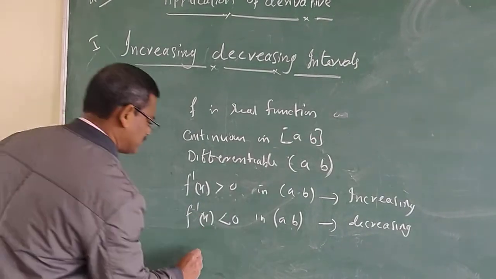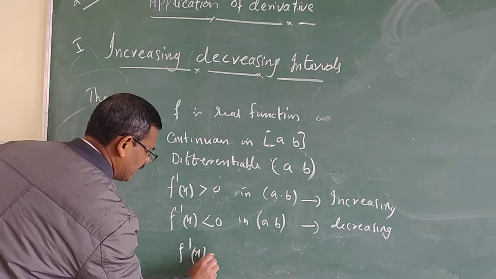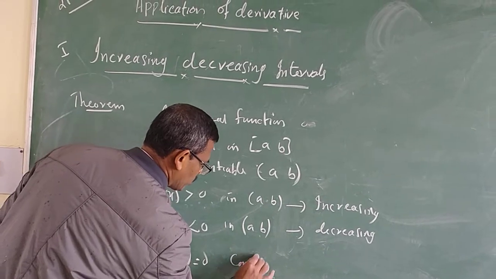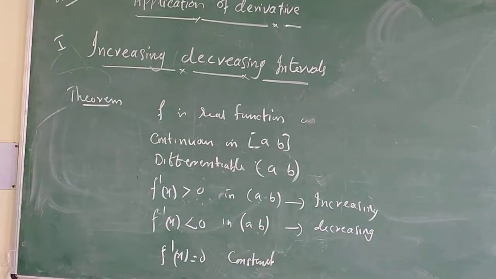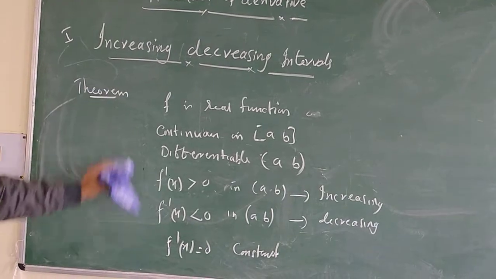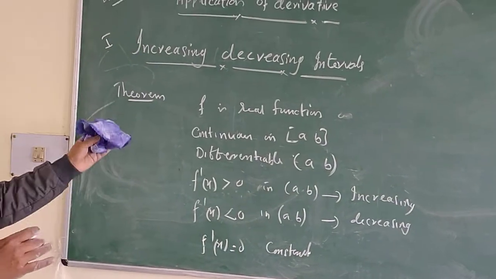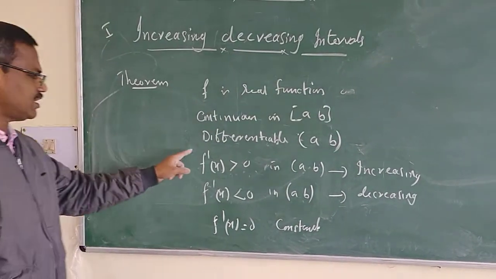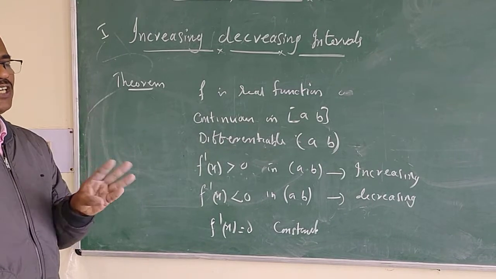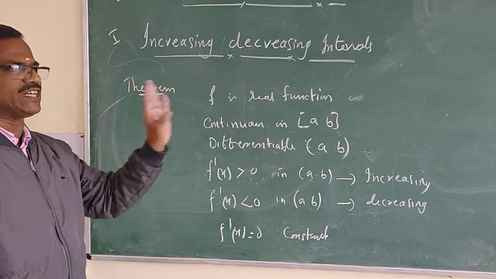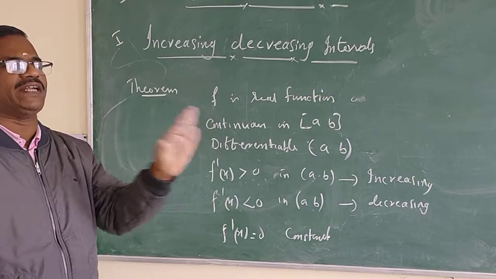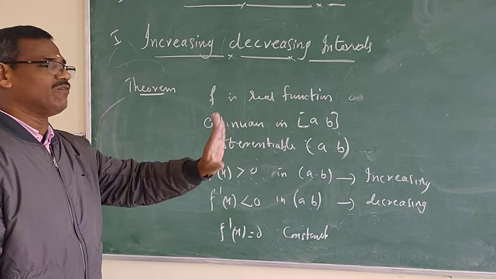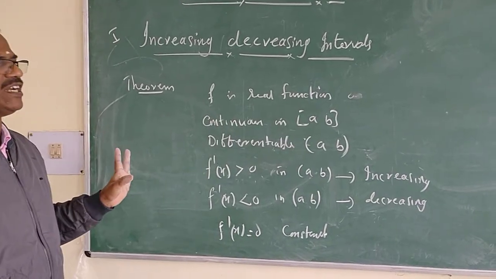And sometimes f dash x will be equal to 0 if the function is a constant, since the derivative of a constant is 0. This is the definition, but there is a working rule by which we can easily get the intervals, and I will explain that. So I will repeat: find the derivative and check for which interval f dash x is positive; we call that an increasing interval. Next check the interval where f dash x is negative; we call it a decreasing interval.